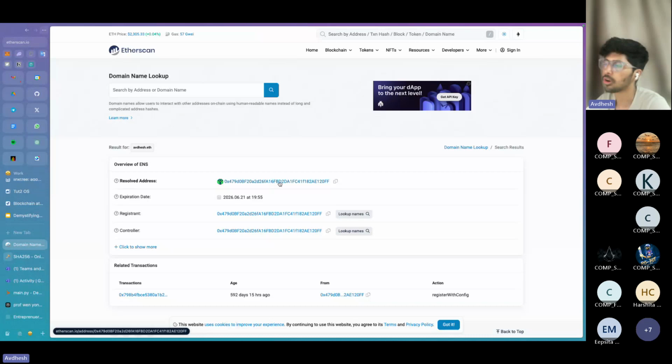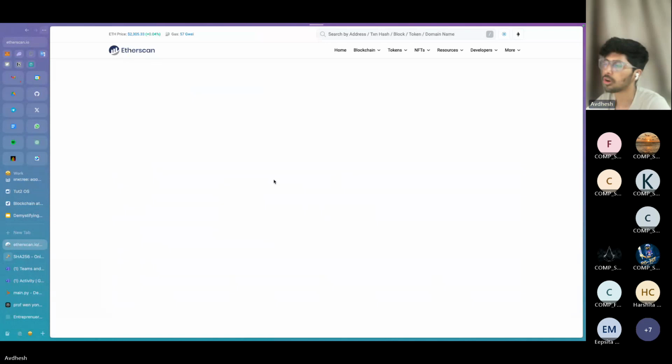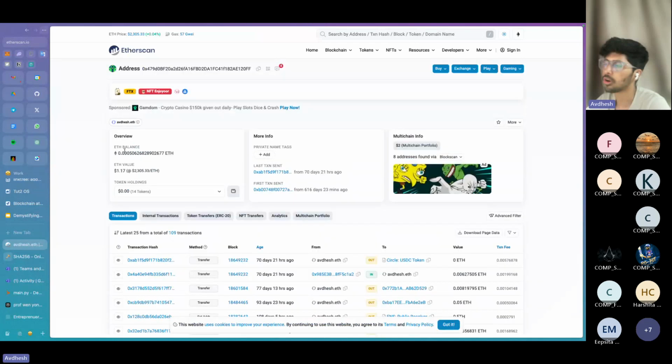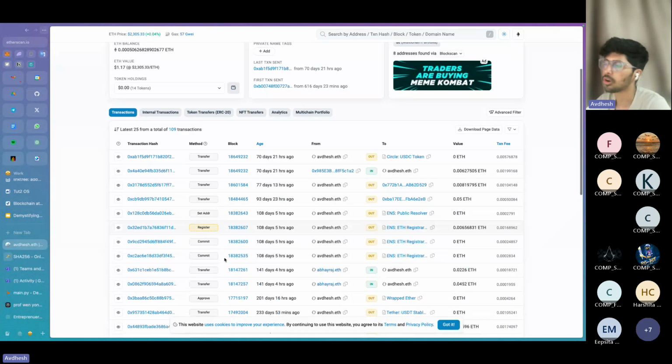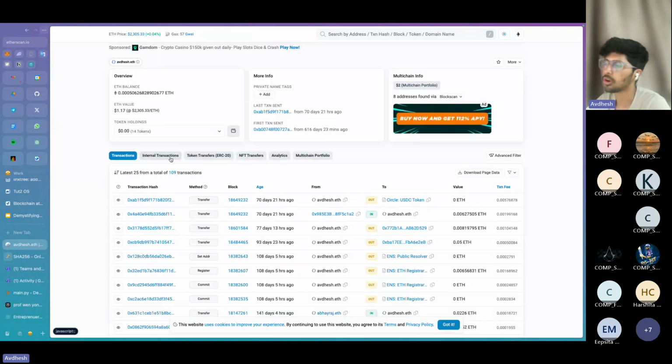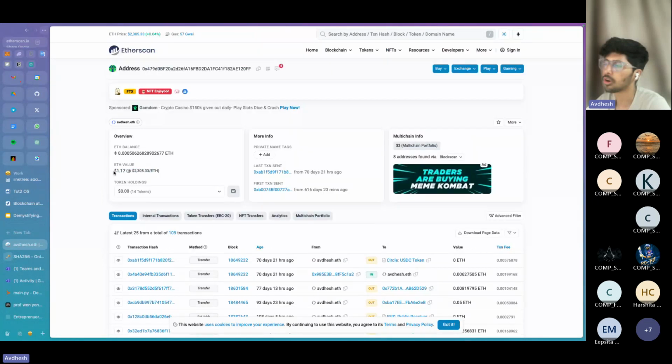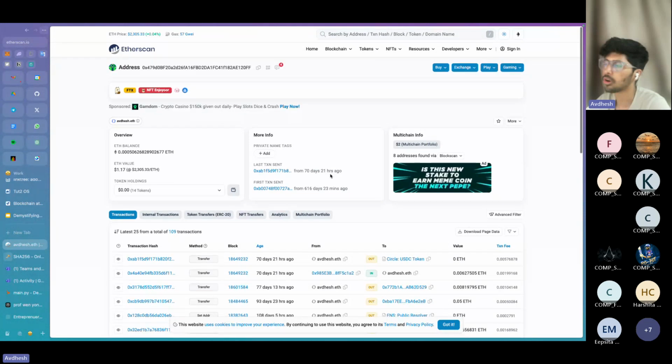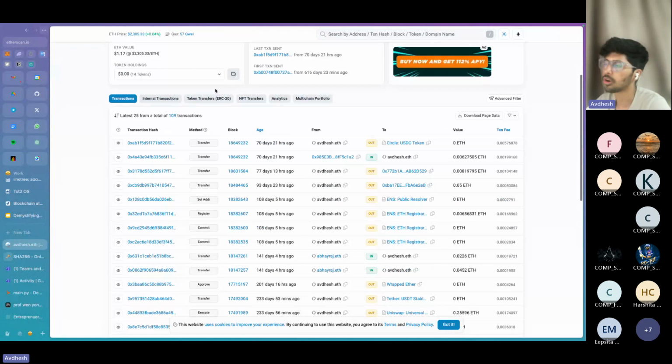And if I click on this, you can see all the things that I have done on the blockchain, all the activities, the past transactions, how many transactions I've done, how much Ethereum I hold, the ETH balance and the ETH value in US dollars, and what was the last transaction made. It was 70 days ago. You can also see NFTs and all.